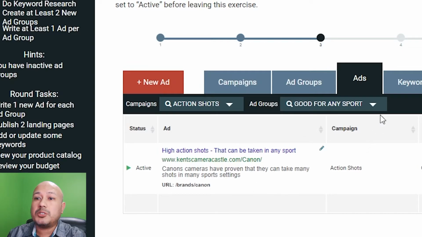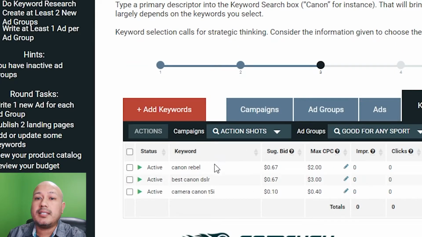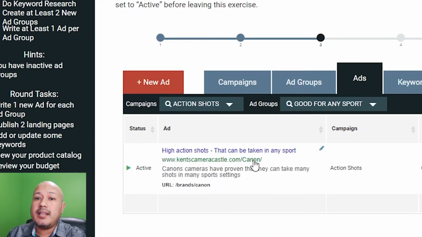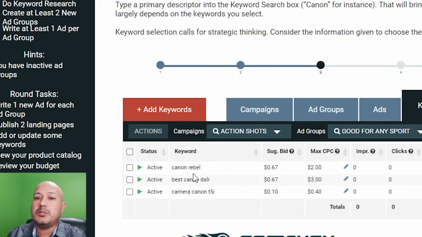So the ad did not show up because Google itself decided that this ad is not relevant to the keywords that you are using. Your keywords and the advertisement itself are very, very different, right? This is more about action cameras and sports, whereas your keywords are very, very specific to Canon Rebel and Canon DSLR, which I would say are not sports cameras, right?